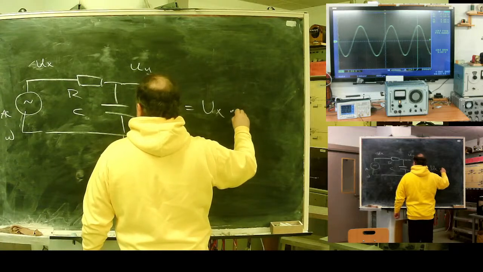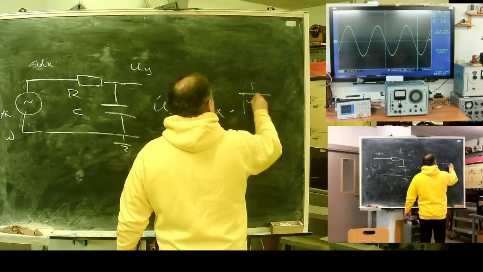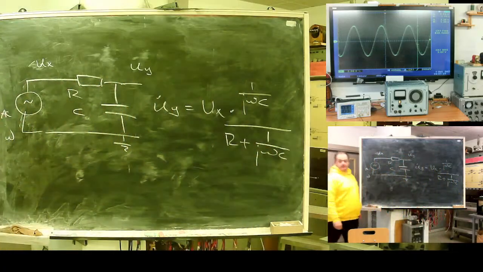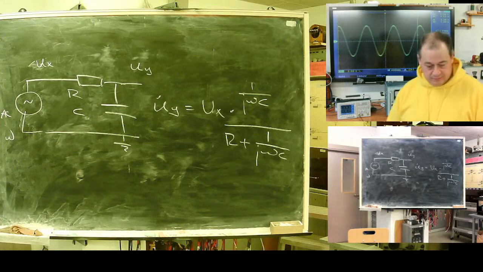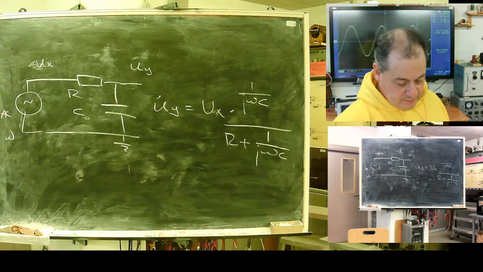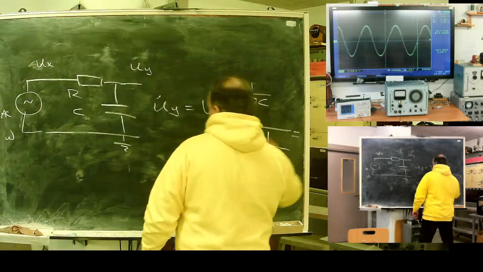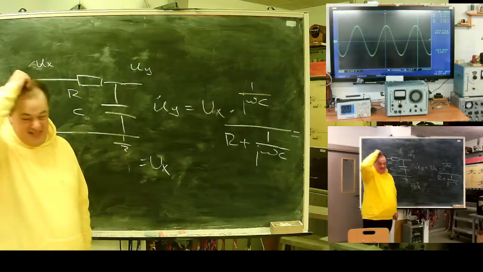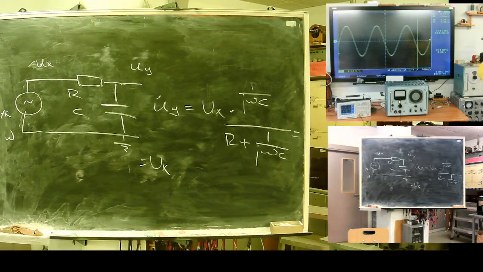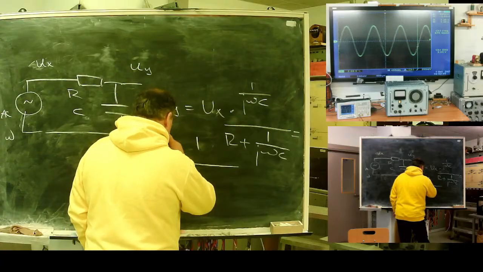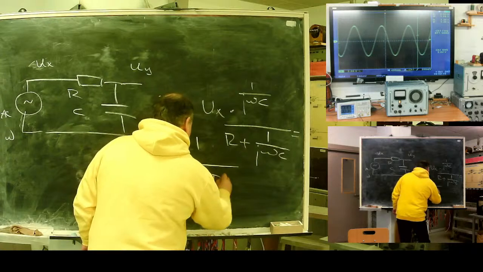Input multiplied by 1 divided by omega C, over R plus 1 divided by omega C. Is it correct? Yes, it's correct. 1 plus j omega RC.